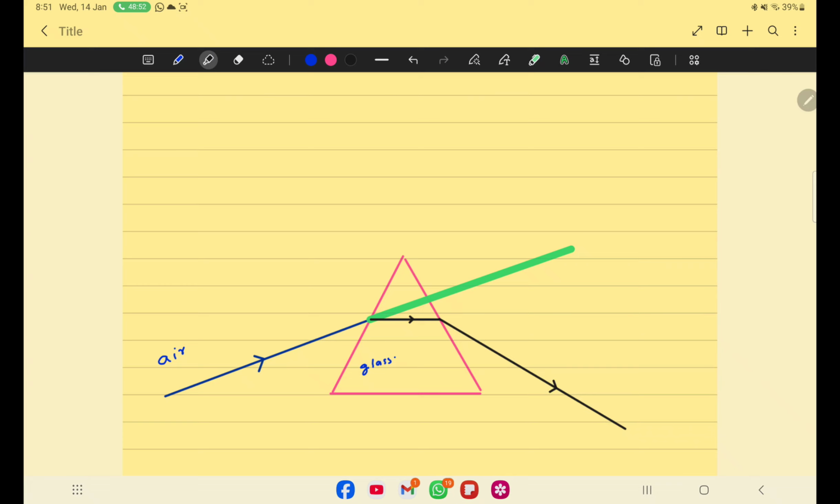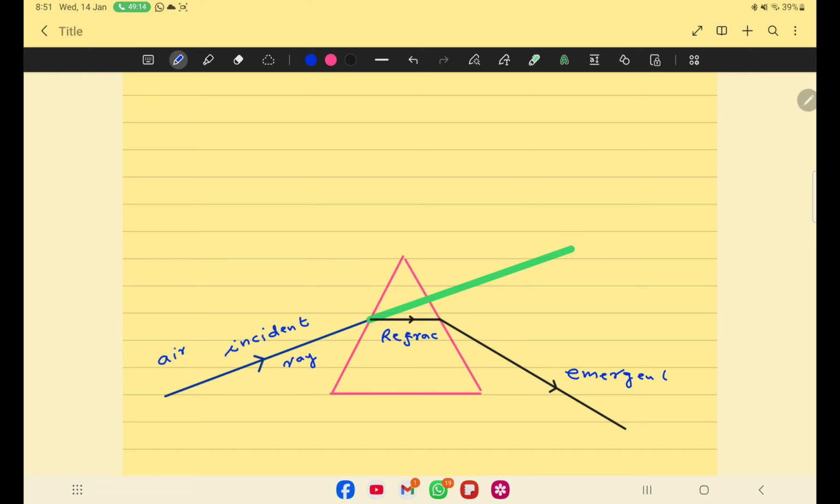So you can see this is the incident ray, this is the refracted ray, and this is the emergent ray.